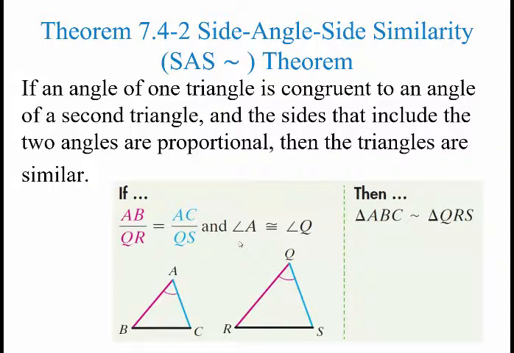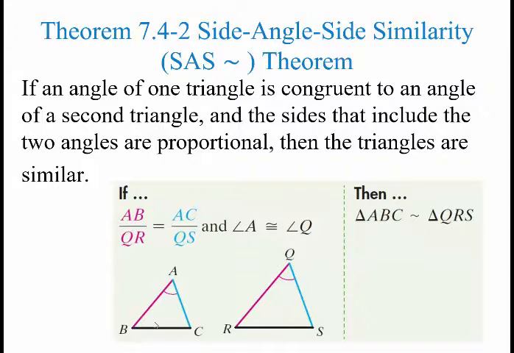All right, the side-angle-side similarity theorem. This is what this squiggly line represents again. If an angle of one triangle is congruent to an angle of the second triangle, and the sides that include the two angles are proportional, so that means the ratios of their sides are equal, then the triangles are similar.